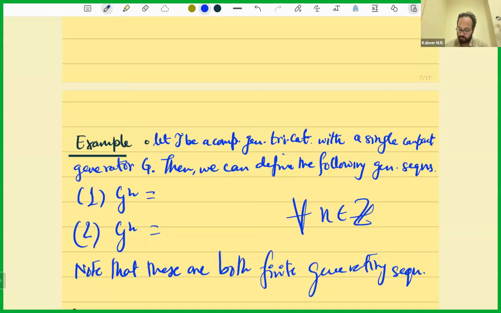They're not just generating sequences, but finite ones, trivially so, as you'll see in a bit. You can define this and this, these two finite generating sequences on T. It's very easy to see that these are indeed generating sequences.